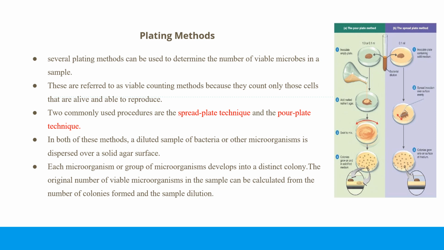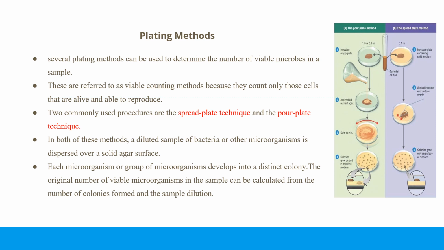Plating methods for measurement of cell numbers. Several plating methods can be used to determine the number of viable microbes in a sample. These are referred to as viable counting methods because they count only those cells that are alive and able to reproduce. Two commonly used procedures are the spread plate technique and the pour plate technique.